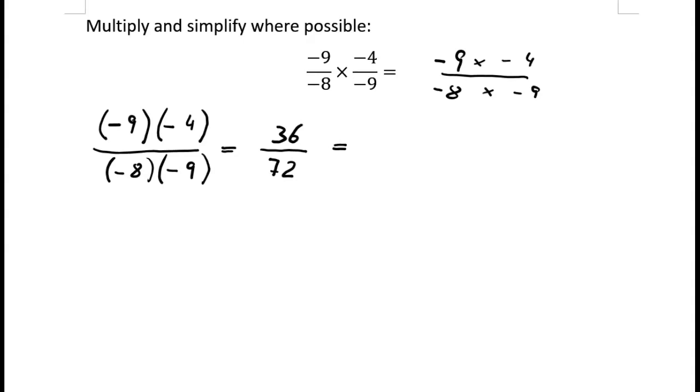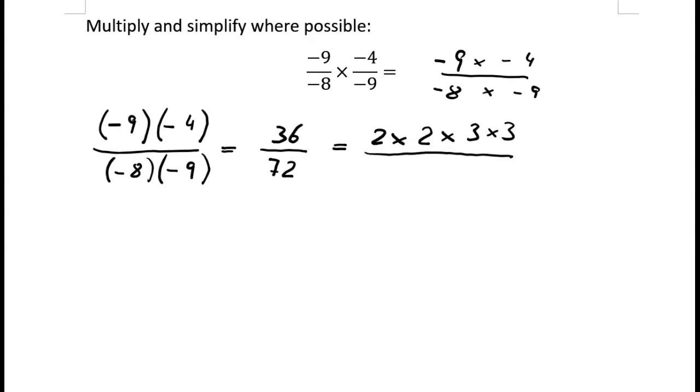So 36 we can divide by 2. That gives us 18. 18 can be divided by 2. That gives us 9. And 9 can be broken down into 3 times 3. So that is the prime factorization of 36.